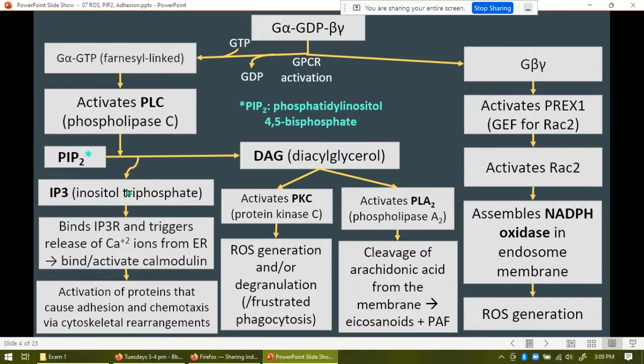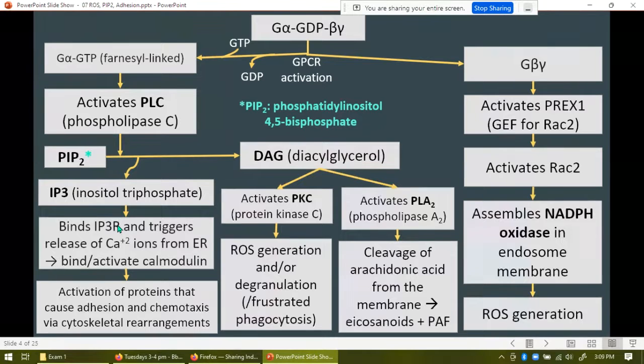IP3, inositol triphosphate, diffuses through the cytoplasm and goes to the endoplasmic reticulum. On the endoplasmic reticulum, there is a transmembrane protein that serves as a receptor for IP3, and it's simply called the IP3 receptor, IP3R. When IP3 binds to the IP3 receptor on the ER, it triggers the IP3 receptor to open.